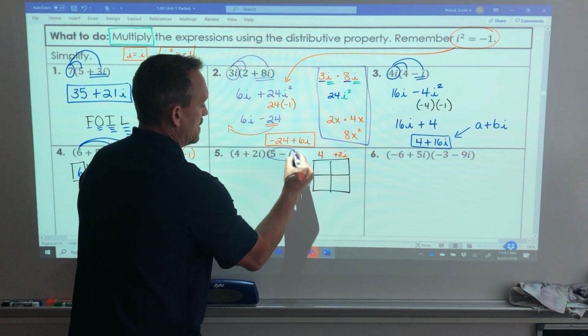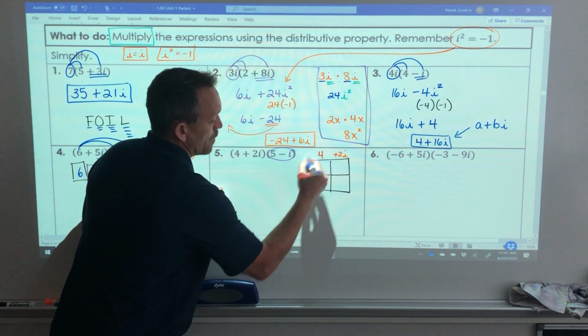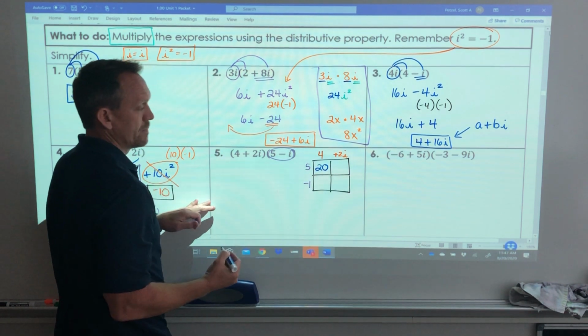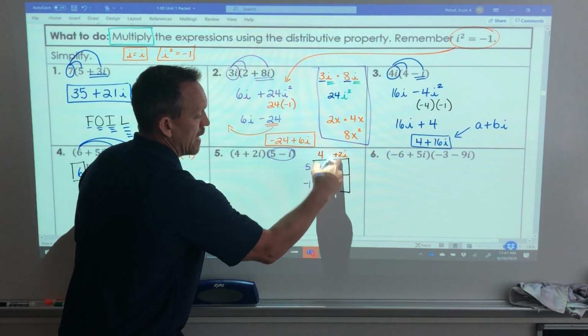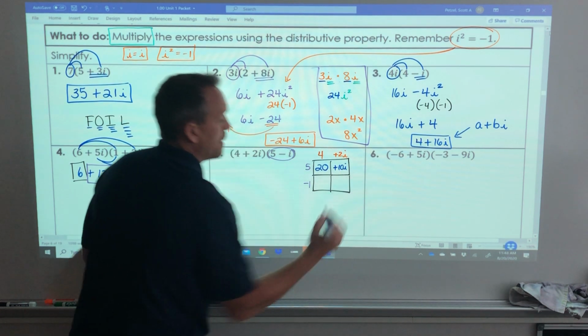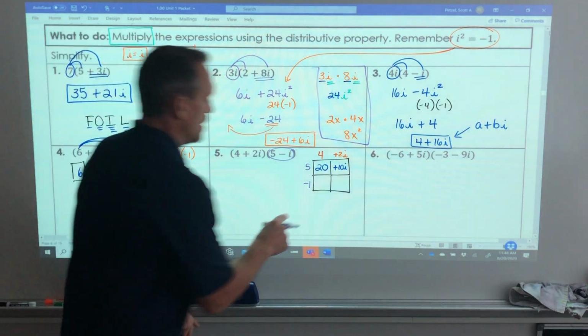This is where I get this from. Okay? If you use this format, it's fine by me. We can then go from here. 4 times 5 is 20. 5 times 2i is positive 10i, and putting that sign in there will help you be consistent.